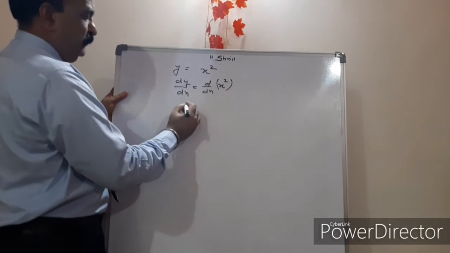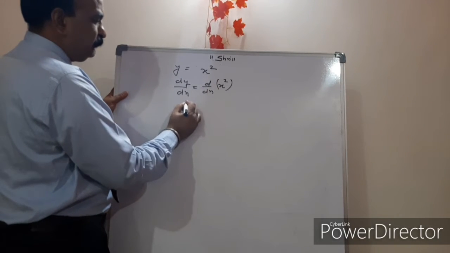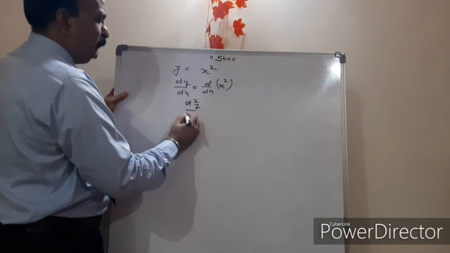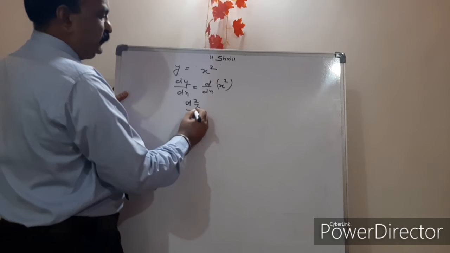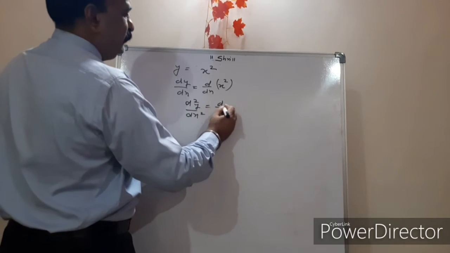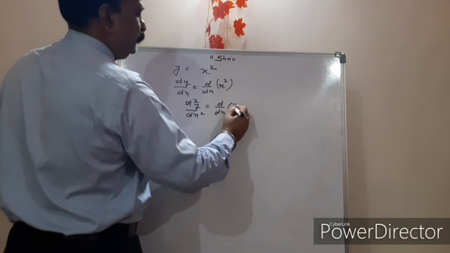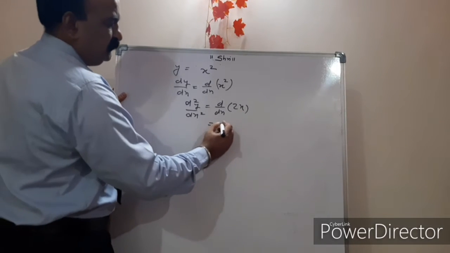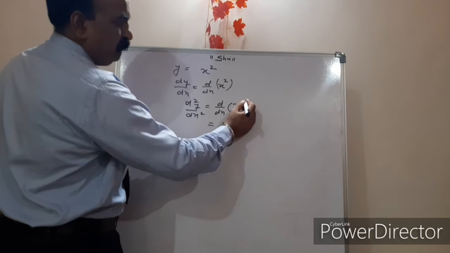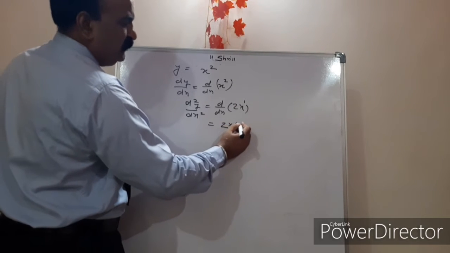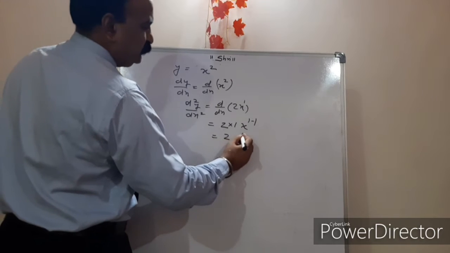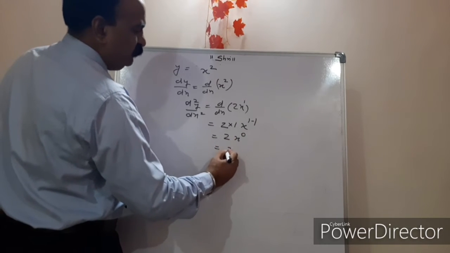This is 2x. Now the second, d square y by dx square. So d square y by dx square means d/dx of 2x. d/dx of 2x means 2 into 1 x to the power 1 minus 1, it means 2 x to the power 0, is equal to 2.